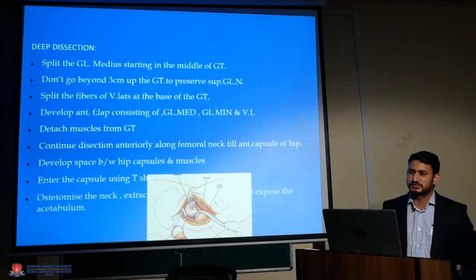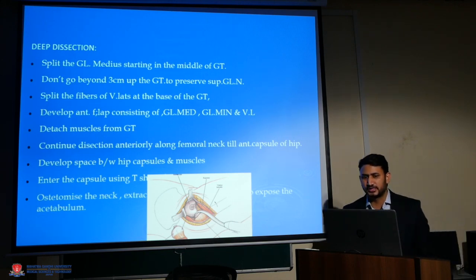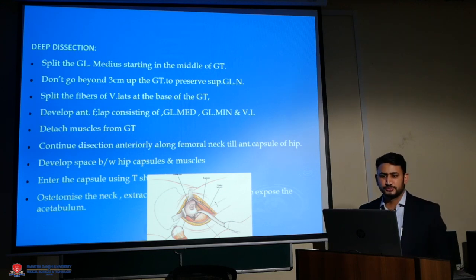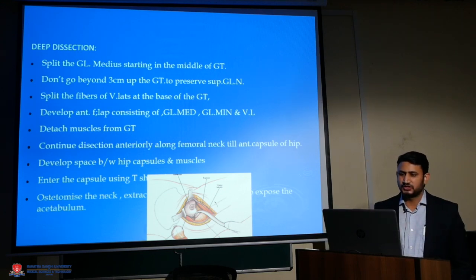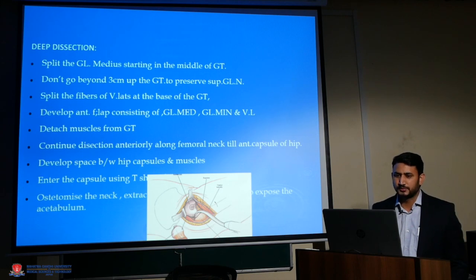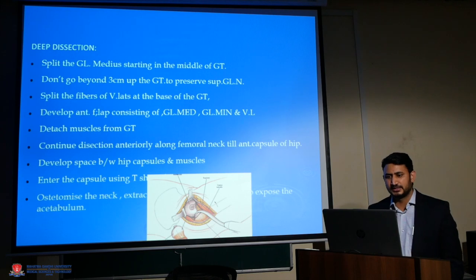Split the fibers of vastus lateralis at the base of the greater trochanter, and develop a muscle flap consisting of gluteus medius, gluteus minimus and vastus lateralis. Detach muscles from the greater trochanter and continue dissection anteriorly along the femoral neck till the anterior capsule of the hip joint is exposed.